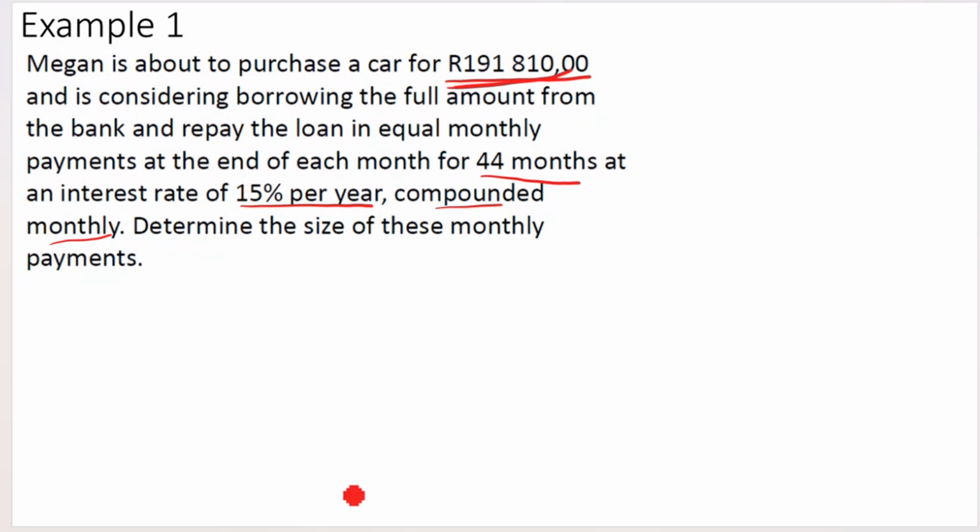We are asked to calculate the size of monthly payments. We don't know our R. So we know that the formula is P is equal to R A N I. That's what we need to be calculating.